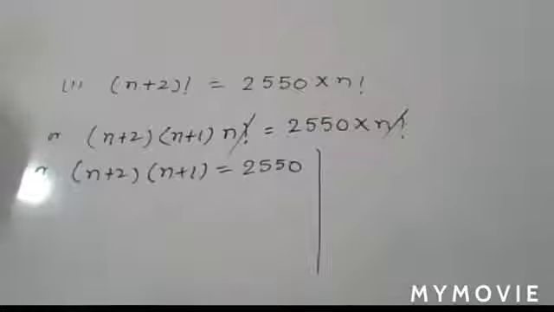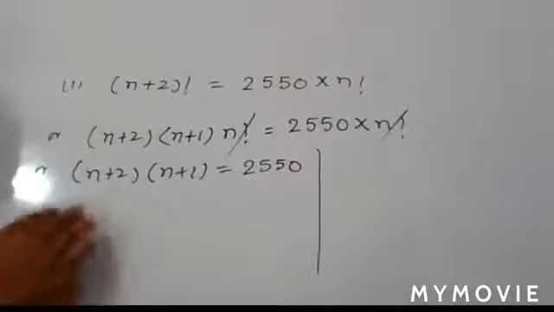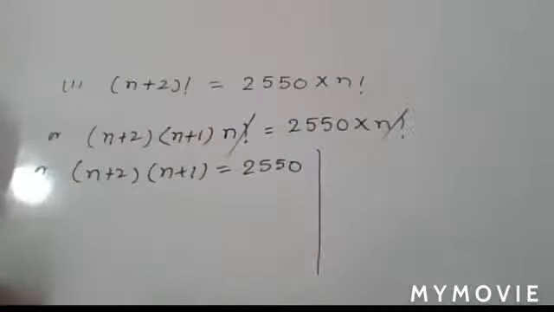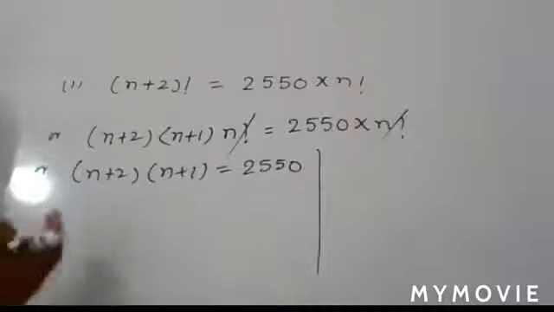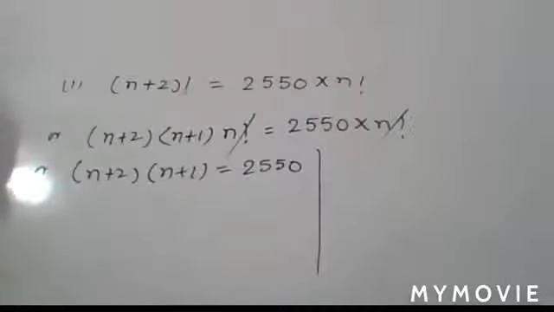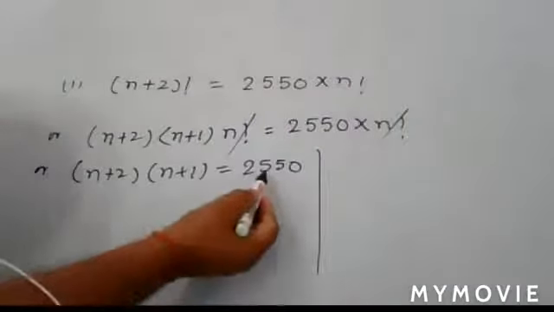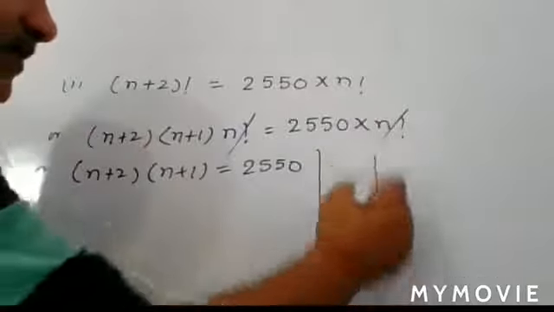That would be a lengthy process, because with more factors you would have cubic or biquadratic equations. Understand? So no need to do it like that. You only have to factorize the given number.